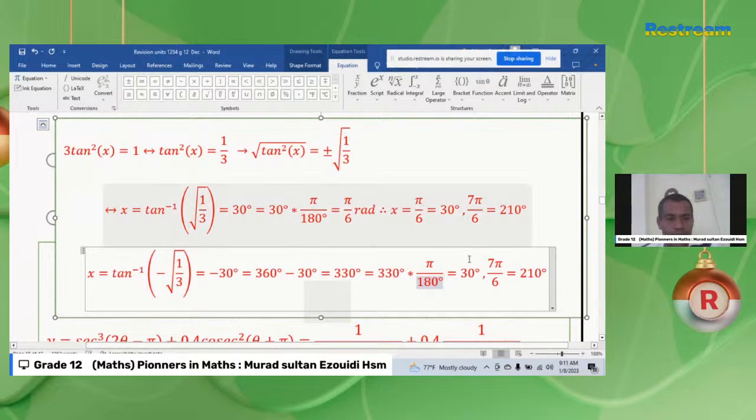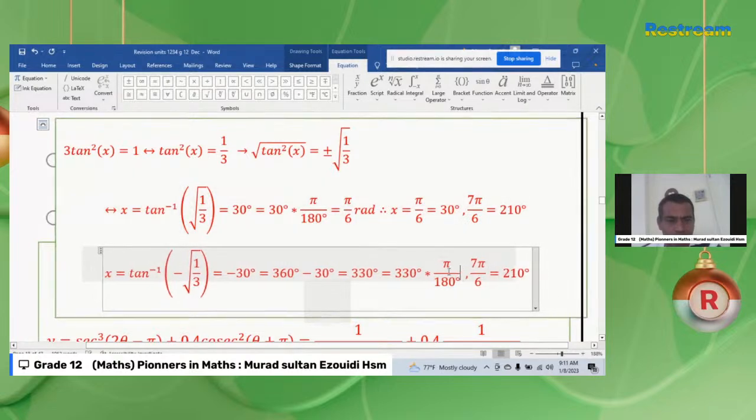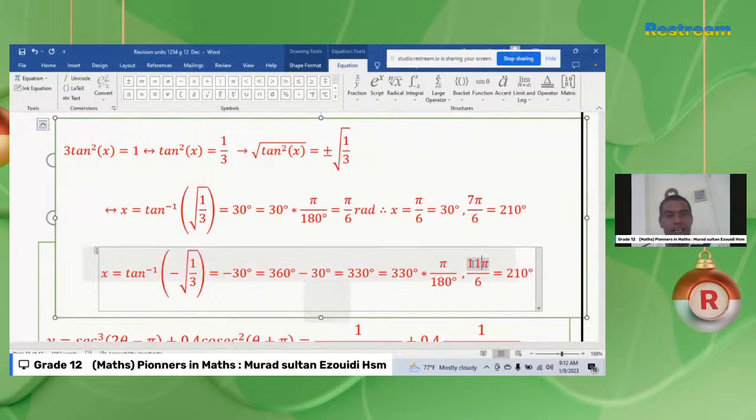How many 30 in 180? It will be 6. How many 30 in 330? It will be 11. So the answer is 11 pi over 6. And 11 pi over 6 is 330.